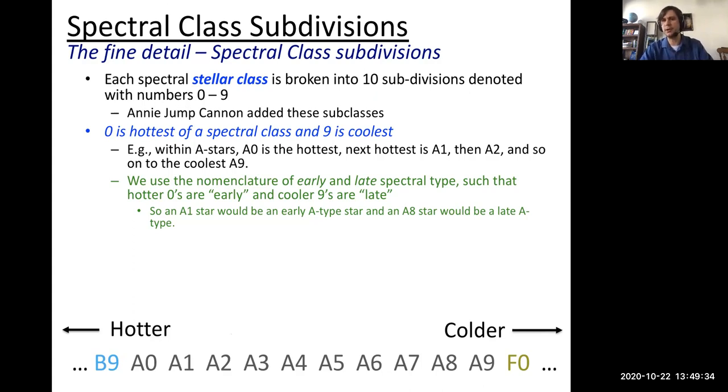You put a bunch of people working in the same place, Harvard, on the same problem, and they're going to come up with their own terminology. Since they're the ones that came up with it, we all adopted it. And then the cooler ones, the 7s, 8s, and 9s, we call the late types.